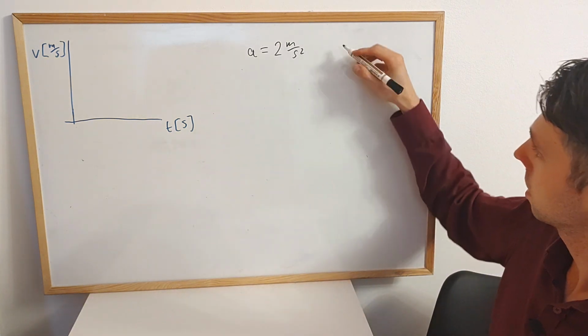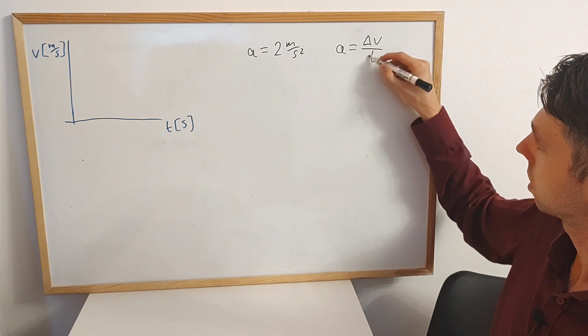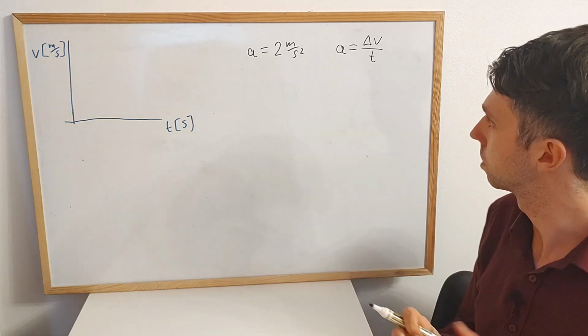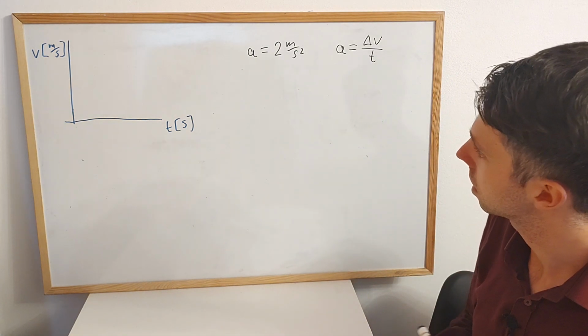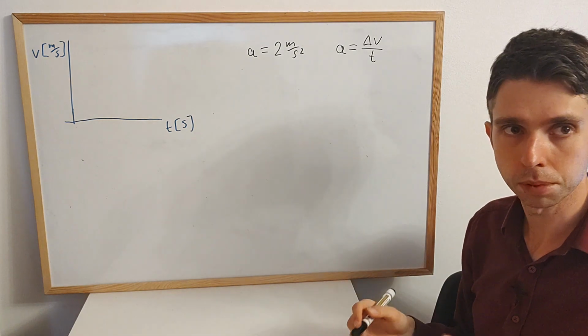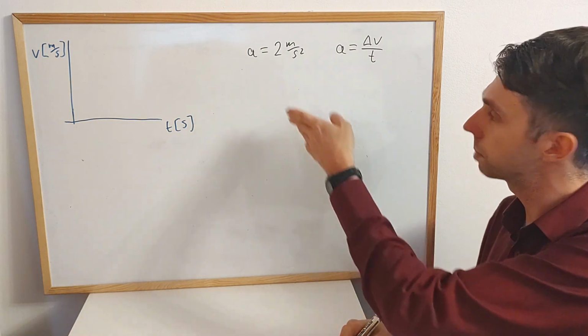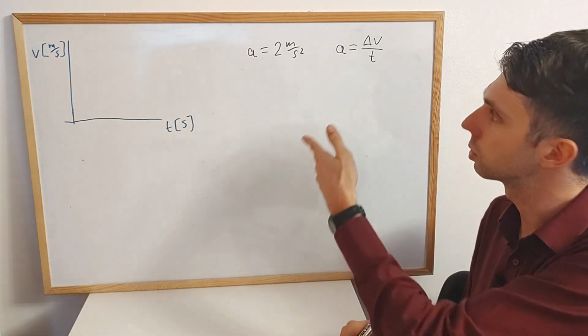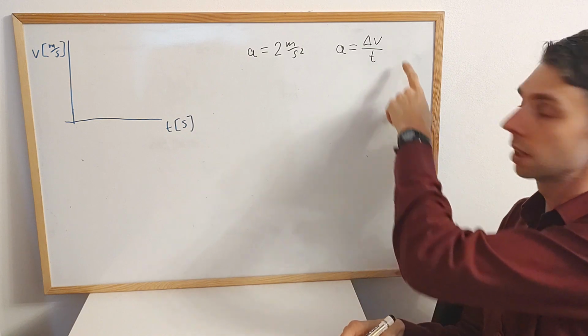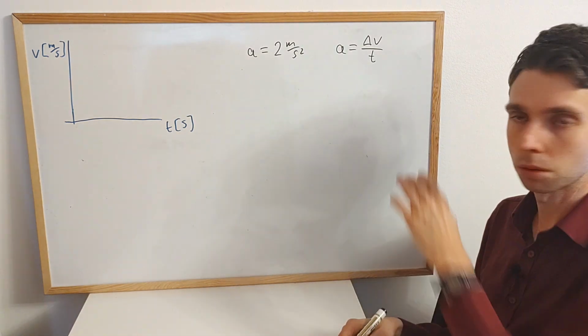Okay, I remind you that acceleration is change in speed divided by time. So what does it mean? It means that, for example, within 1 second, the speed changes by 2 meters per second. And that's right, because 2 over 1 is 2.